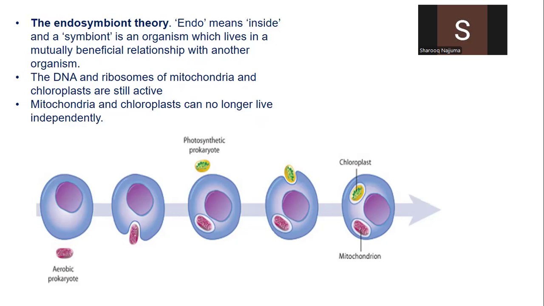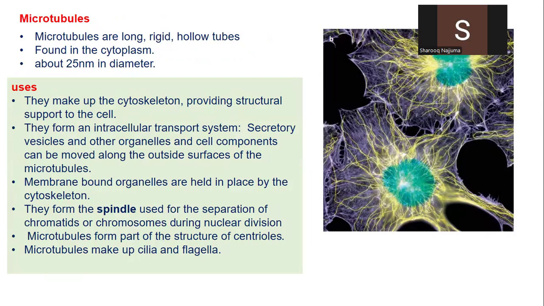Secondly, they have circular DNA, and they can make their own proteins within a cell. And at the same time, they can divide, they can replicate independent of the cell. They can replicate on their own. So that is it about the endosymbiotic theory.